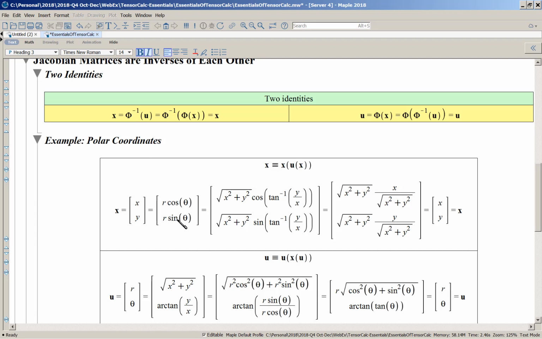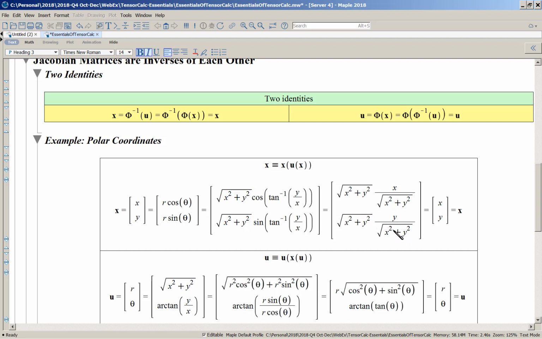Now, if this r is replaced by the root of x squared plus y squared, and theta is replaced by arctangent y over x, then you are computing cosine of the arctangent, sine of the arctangent. If you draw a little right triangle and figure out what cosine of the arctangent and sine of the arctangent would be, they turn out to be x over the square root of x squared plus y squared and y over the square root of x squared plus y squared.